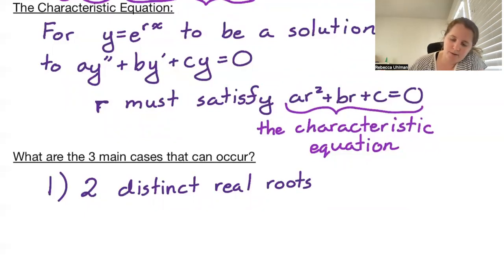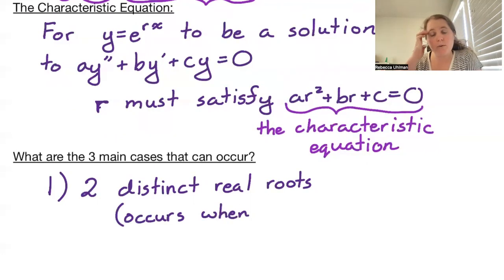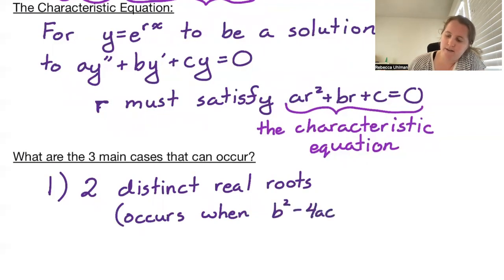This occurs when the inside of the square root in our quadratic formula is positive. So this is when b squared minus 4ac is greater than 0.